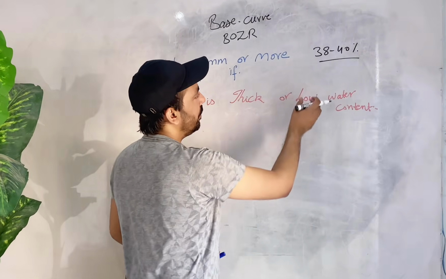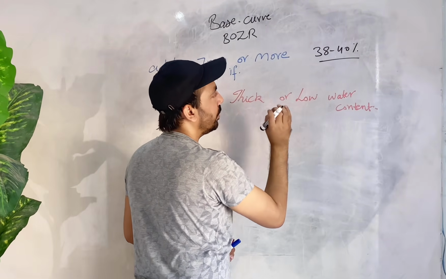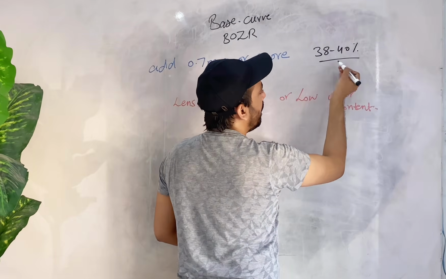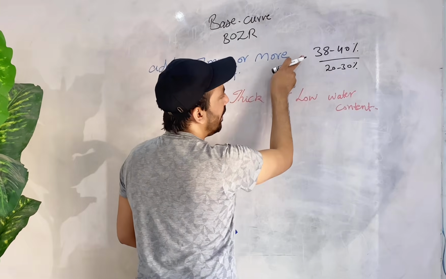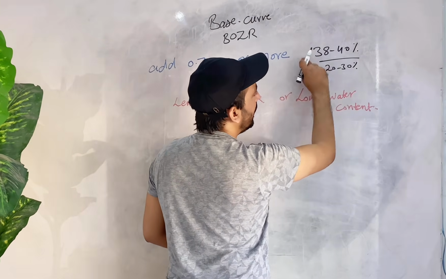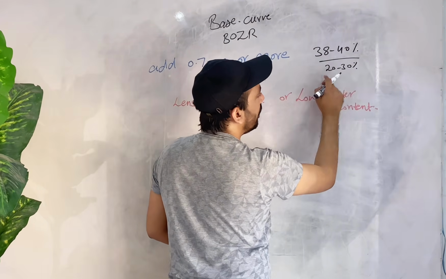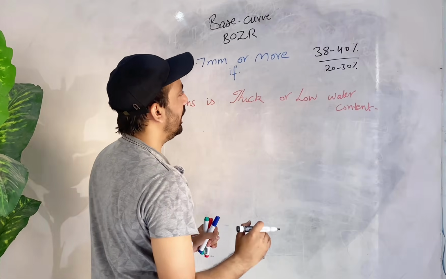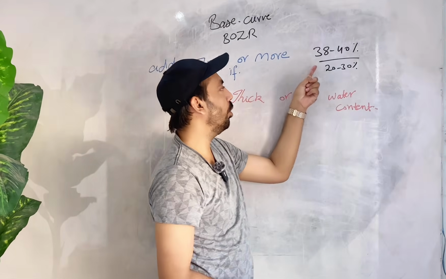A soft contact lens having 38 to 40% water content will have an approximate Dk value of 20 to 30%.